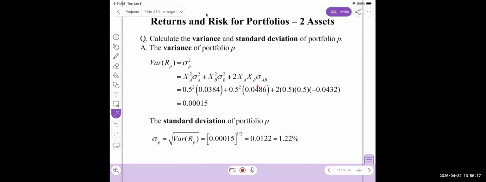If I did 6.5 plus and minus 3 times 1.22, so mu plus or minus, I'm still in the positives. There's no negative returns, all positive. That's pretty good. Not high, like not 12 or 15, but I don't have negative return. This is like a guaranteed income. Okay, that's what it's telling me.